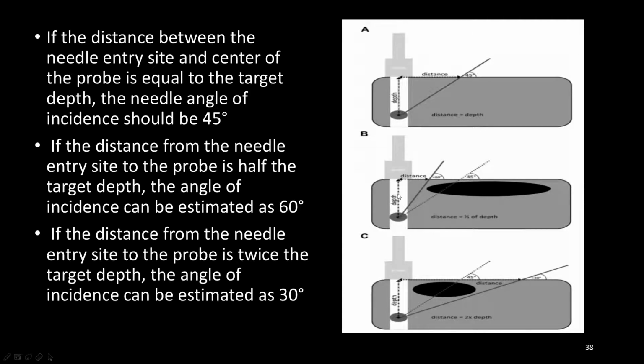In case the distance is half of the depth of the target structure, then the angle of incidence will be 60 degrees. And if the distance between the probe and the needle entry site is twice the depth, then the needle insertion becomes very shallow, and the angle of incidence is estimated to be around 30 degrees.